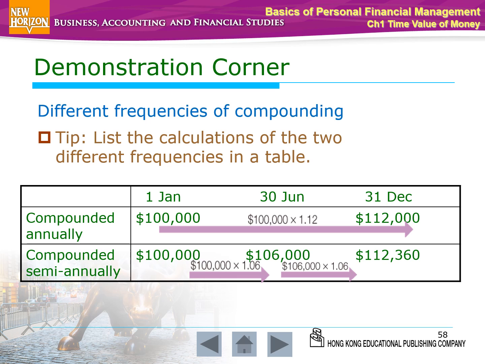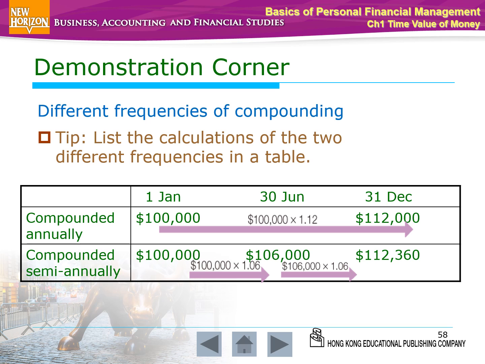But if the interest is compounded semi-annually, on the 30th of June you first get interest from the principal of $100,000. You then put the interest together with the principal for the second half of the year.